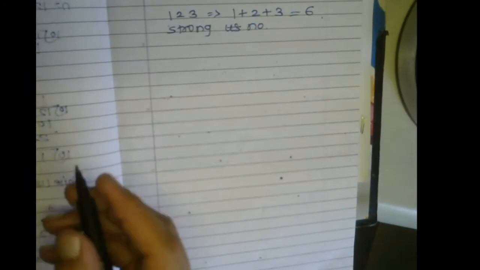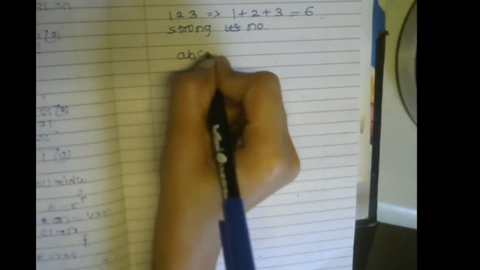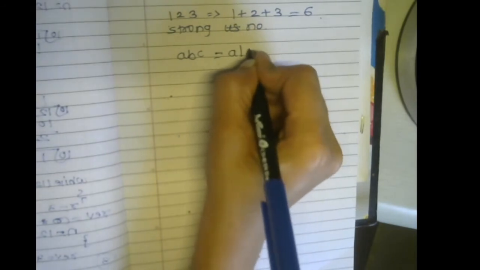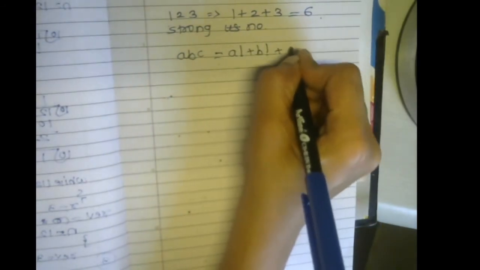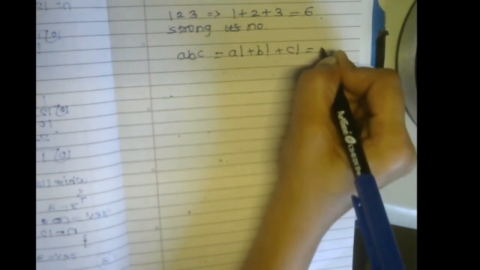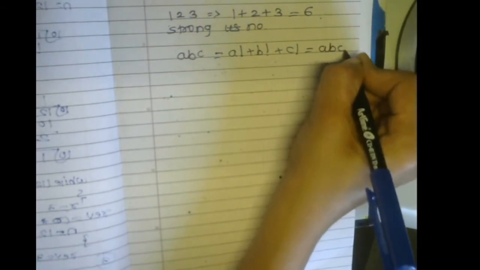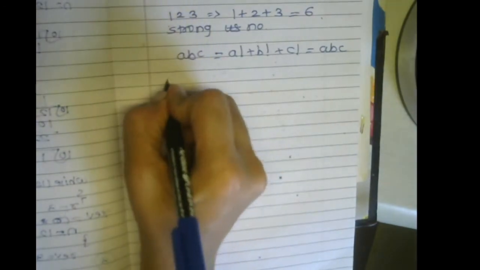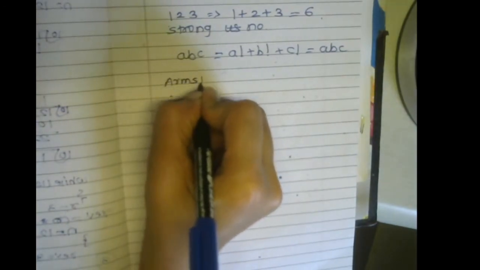Which number is a strong number? Suppose ABC is a number. If A's factorial plus B's factorial plus C's factorial equals ABC again, then this number is a strong number. One more example is the Armstrong number.